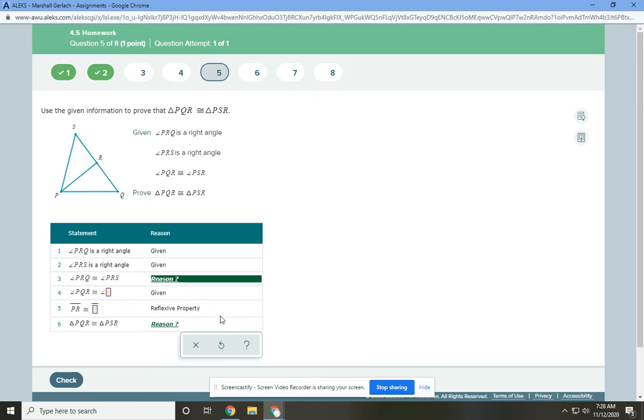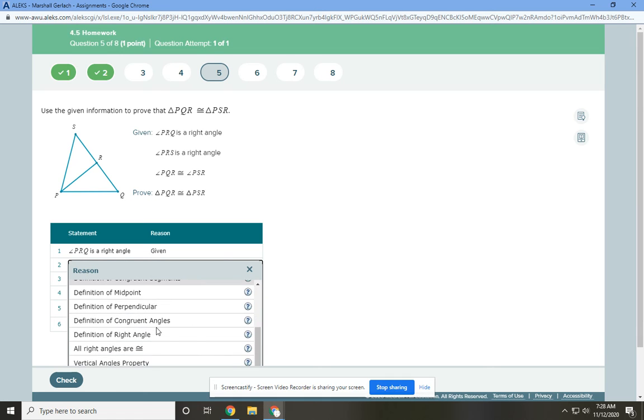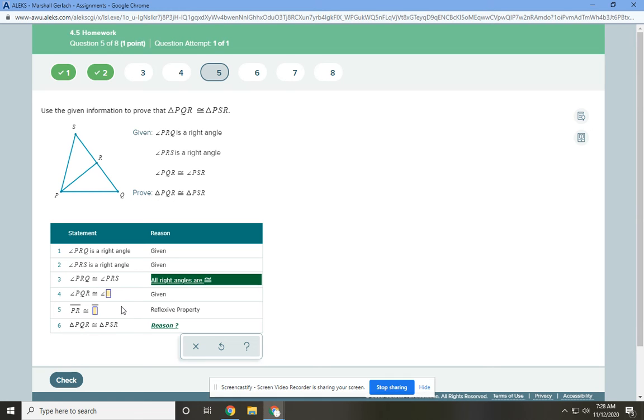Let's go to another proof that's very similar, but instead of sharing a congruent angle, we're going to share a side. So again, we have PRQ and PRS. Since they're right angles, we can say they are congruent because all right angles are congruent.